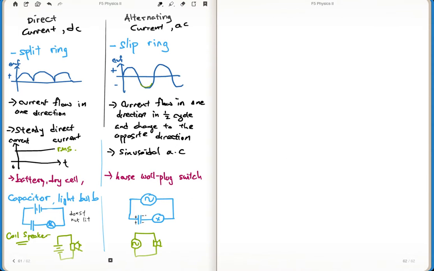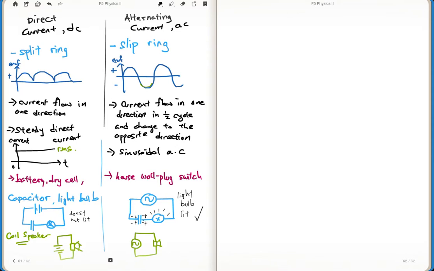It becomes positive, and this side becomes negative. Therefore, there is a flow of current. With alternating current, the light bulb, or LED light bulb, has to light.